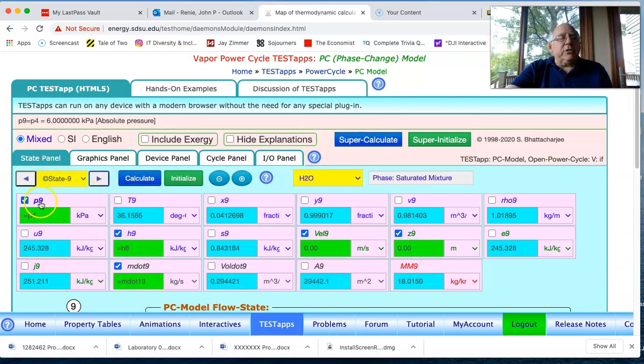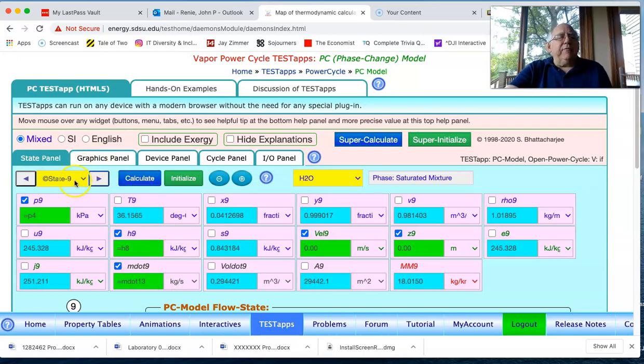State 9 then is through the expansion valve, through the trap, and we know that it's going to the pressure of the condenser, which is 6 kPa, and it's an isenthalpic device. No change in enthalpy, and the flow rate is the m dot 13.